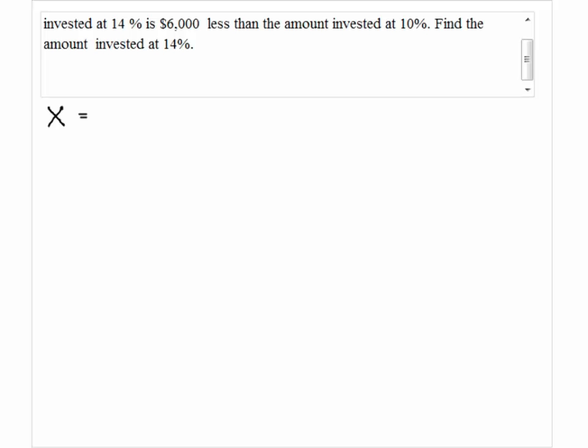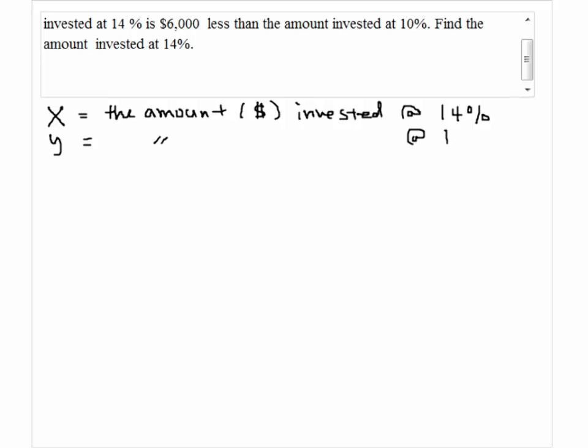So first we let X be the amount in dollars invested at 14% and let Y be the amount in dollars invested at 10%. Now, let us make an equation in terms of the interest income, which is $4,200.